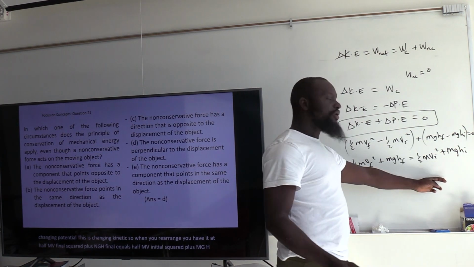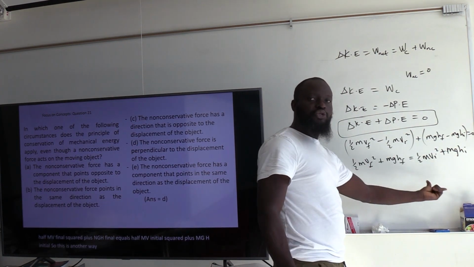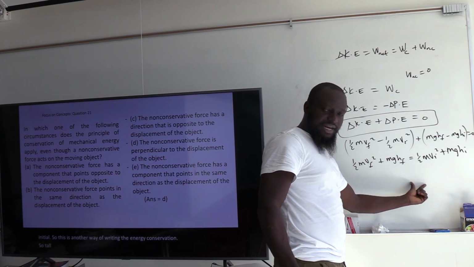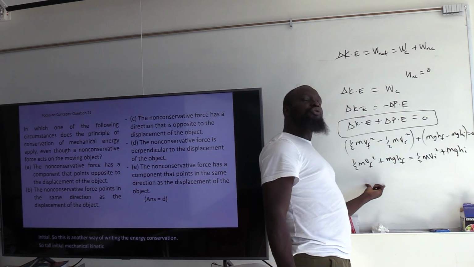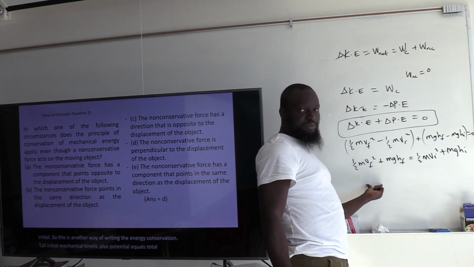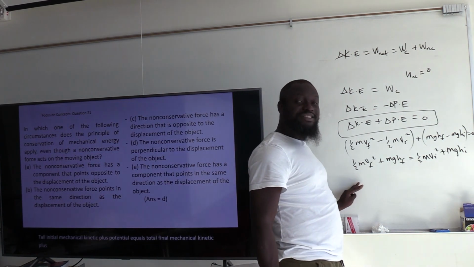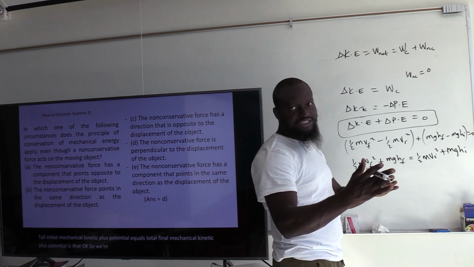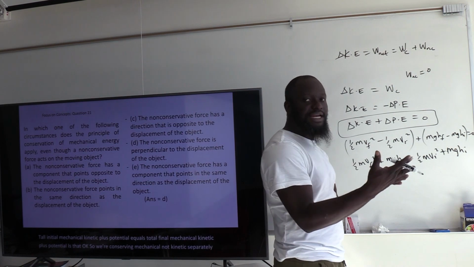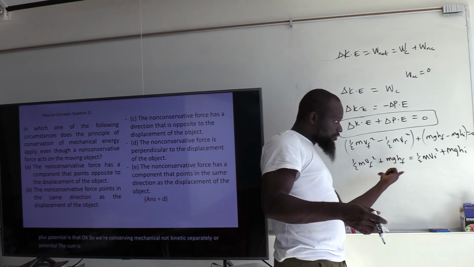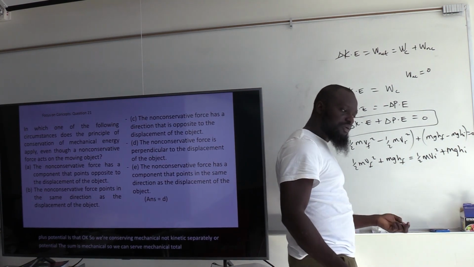This is another way of writing the energy conservation. Total initial mechanical, kinetic plus potential, equals total final mechanical. Is that okay? So we are conserving mechanical energy, not kinetic or potential separately. The sum is mechanical.